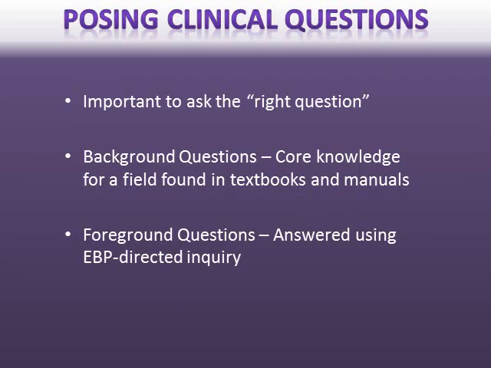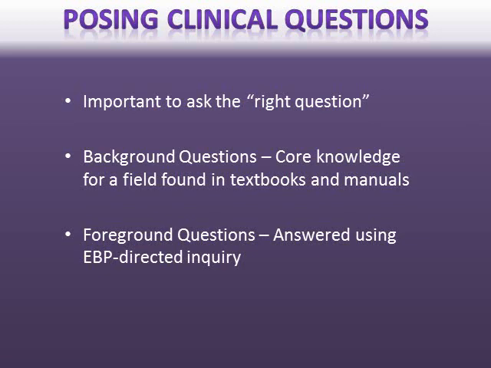Now, another element to asking the right question is to ask a question that is actually significant and that makes sense. Now, there's two different types of questions. One are background questions, and these are questions that you can typically find by getting information from, say, textbooks or manuals. This is more general knowledge for the field in which you work. Now, background questions are not actually interesting for evidence-based practice because these are things that are already really established.